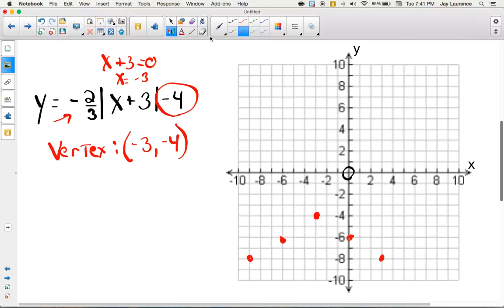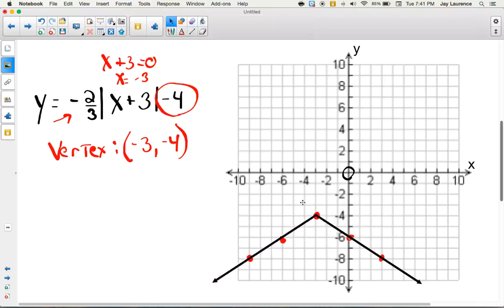And there you go. These problems are so simple. Now, I don't know if you notice this V is opening downward. The other V was opening upward. What's the difference? I'll bet Bryce can tell me.